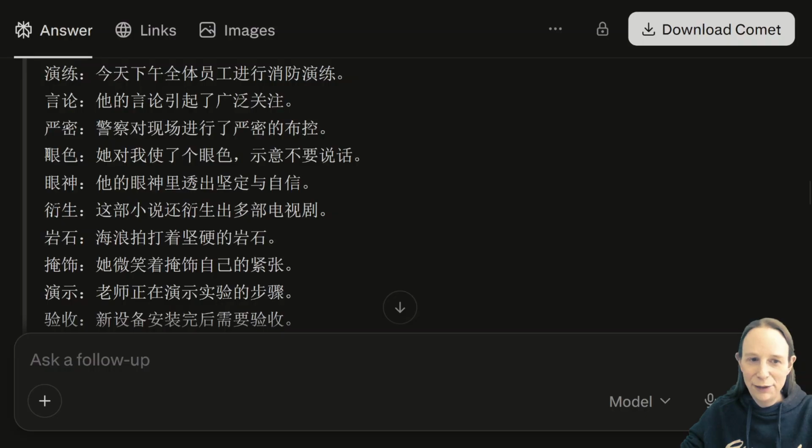颜色, literally eye color. I'm not sure if it actually can mean eye color, but usually it's used figuratively. It's like the expression in your eyes or your facial expression. Yeah, 他对我使个眼色. Oh, so this is like give me a glance. 示意不要说话.